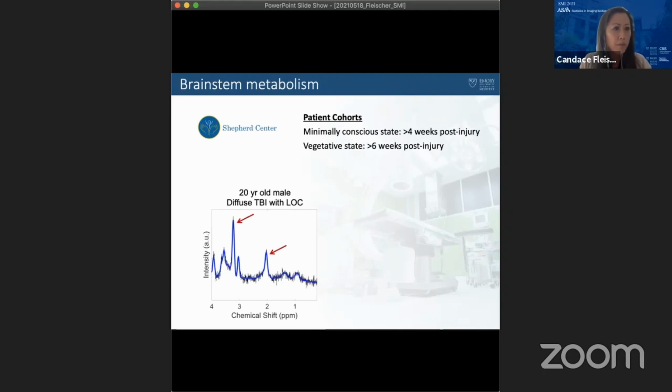So we have a 20-year-old male who had a diffuse traumatic brain injury with loss of consciousness. See this very dramatic decrease in this N-acetyl aspartate peak, increase in choline. So we get a loss of neurons across the brain. We're primarily looking at this in the brainstem, but of course we can do this in other regions as well. This patient actually hasn't emerged from the coma. The decrease in NAA here is often indicative of fairly severe injury.